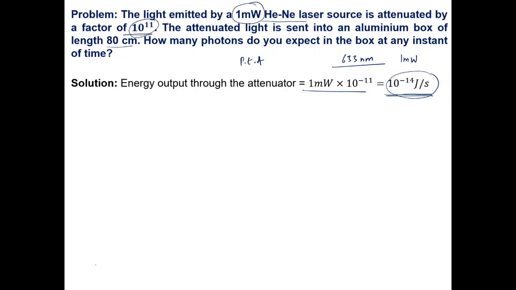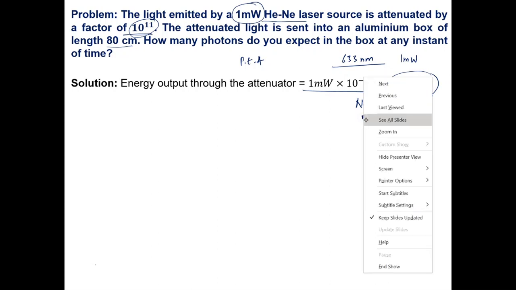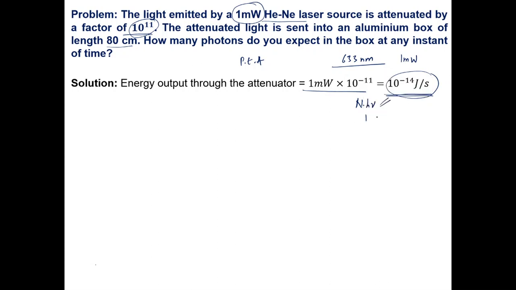Now you know that you can calculate the number of photons by equating this with, let's say you have n number of photons times h nu will be equal to this. So n, which is the number of photons, is going to be 10 to the power minus 14 divided by h nu or hc by lambda, and this lambda is 633 nanometers, right?